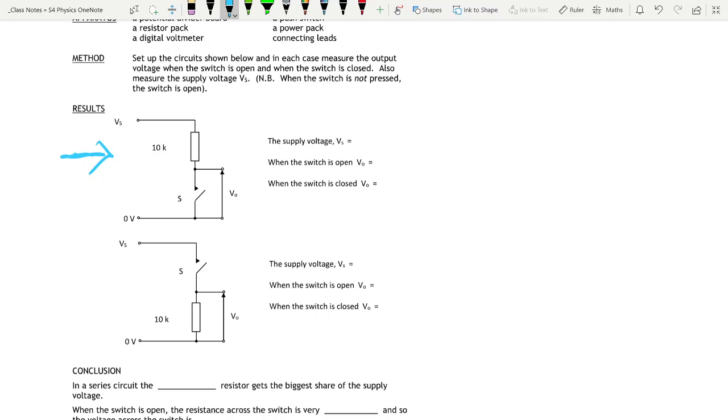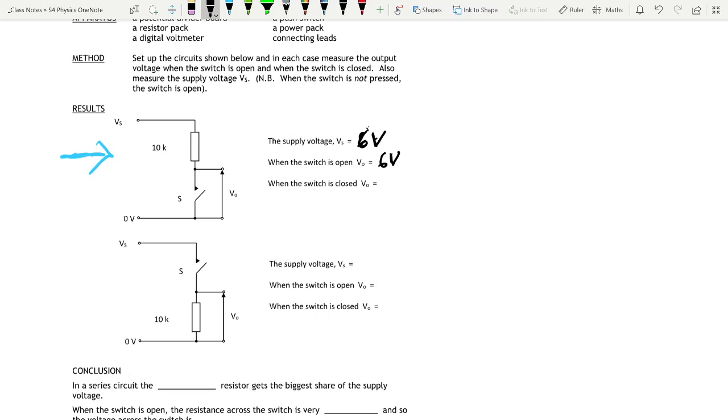So if the supply voltage is 6 volts, which it usually is, then when the switch is open, i.e. off, that means we've got a huge resistance. We've got a break in the circuit. So remember, the bigger the resistance, the bigger the share of the supply voltage across it. So if you've got a huge resistance, then it will get all the voltage. So it will be 6 volts.